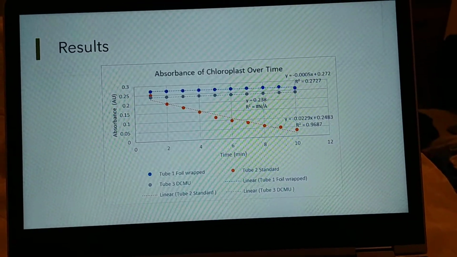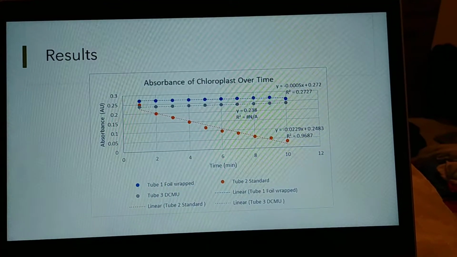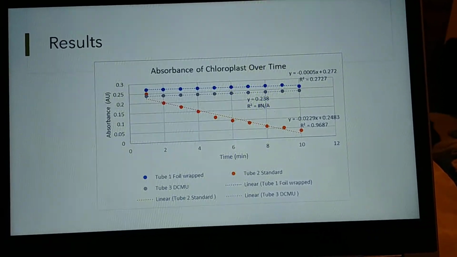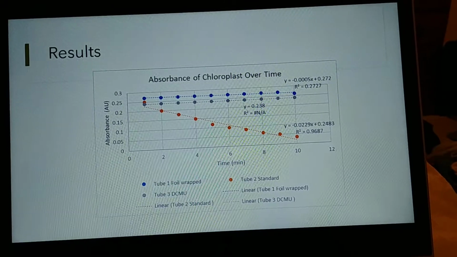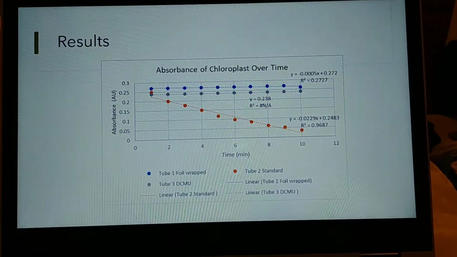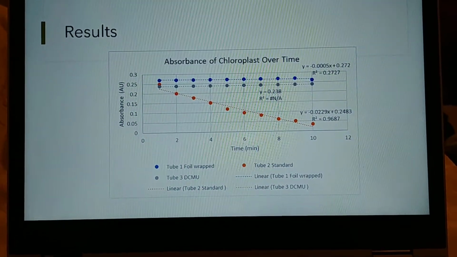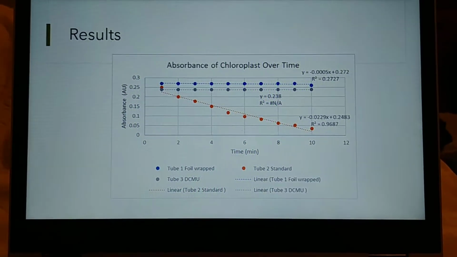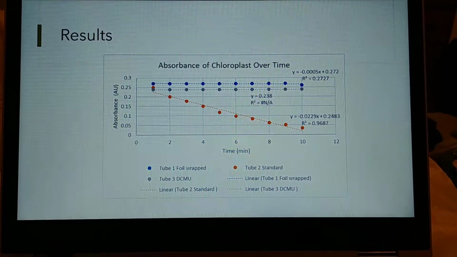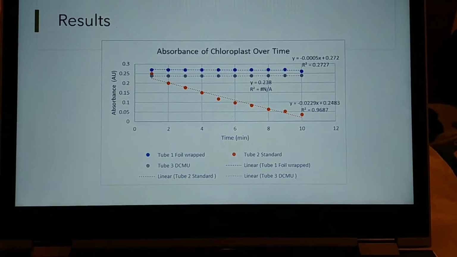So for the standard, the absorbance decreased within the 10 minutes of the experiment. For the blue, it decreased slightly, but overall mostly remained the same. And for the DCMU, it remained constant, which can be shown by its equation, because there's no x value in it, and it's just a single number.